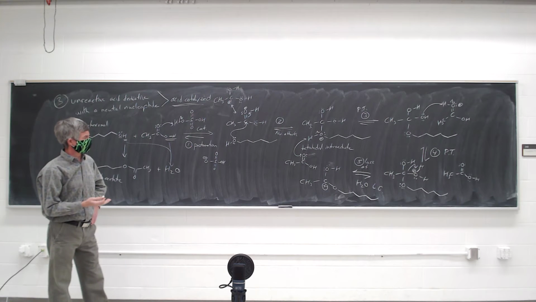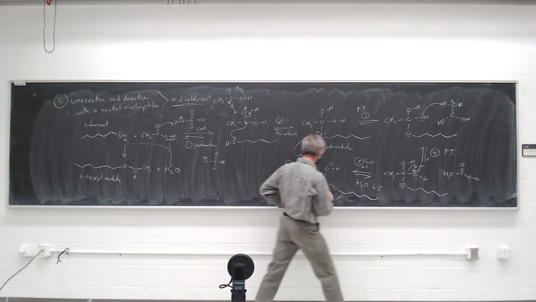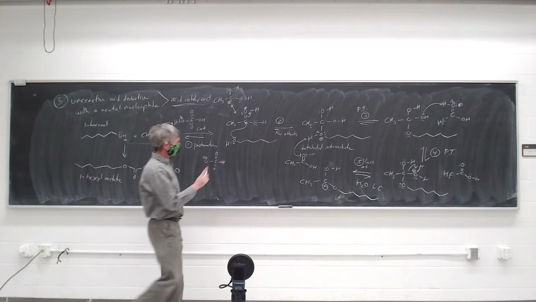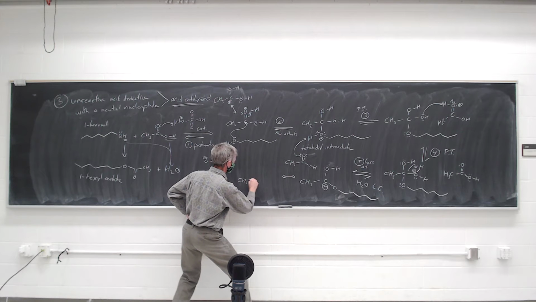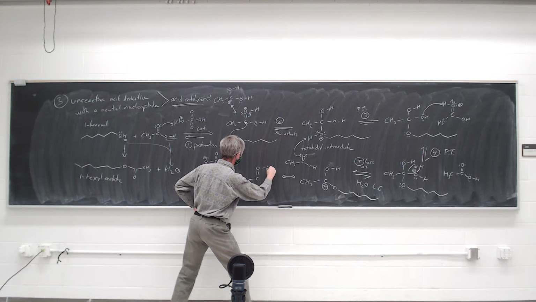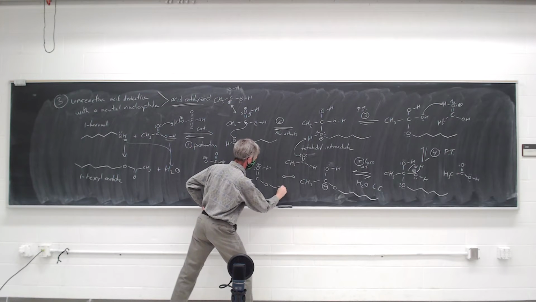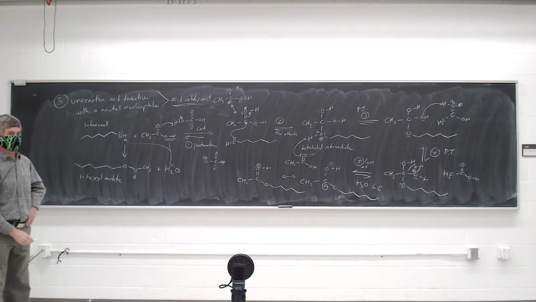And I've shown it not being pushed by this lone pair. I've shown it just falling off and generating a trivalent carbon. But I could have shown that being pushed, because there's a resonance structure that looks like this. And this has a positive charge on the oxygen.